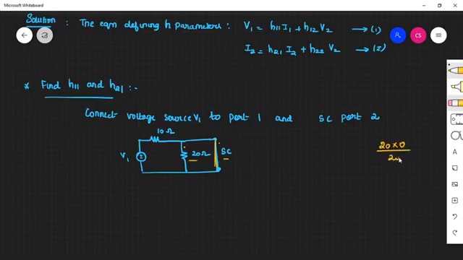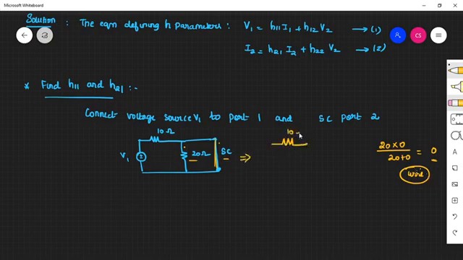It is 20 times 0 divided by 20 plus 0, which is equal to 0. So whenever a resistor is connected in parallel to a wire, the total resistance becomes 0, and we can replace this with a wire. So this can be replaced as the 10 ohm, the voltage source, and this just becomes a piece of wire because it has 0 resistance.